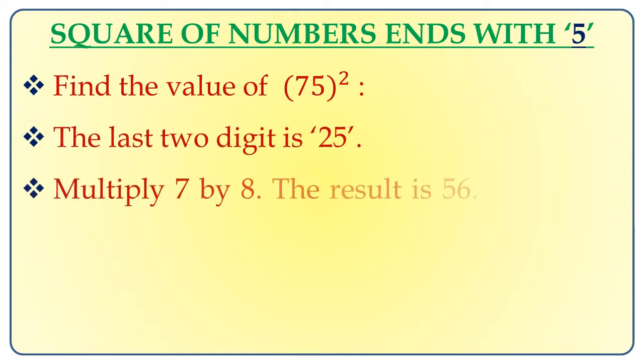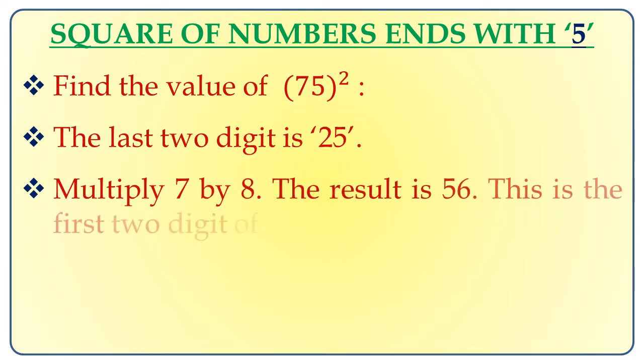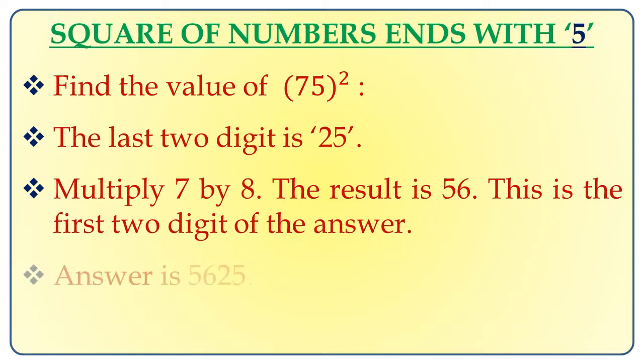Now apart from 5, the next digit is 7. So we multiply 7 by its next higher number, that is 8. 7 into 8 is 56. So the answer will be 56 and 25. 75 square will be 5625. Okay.